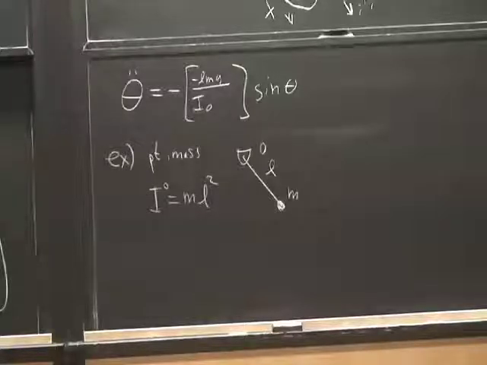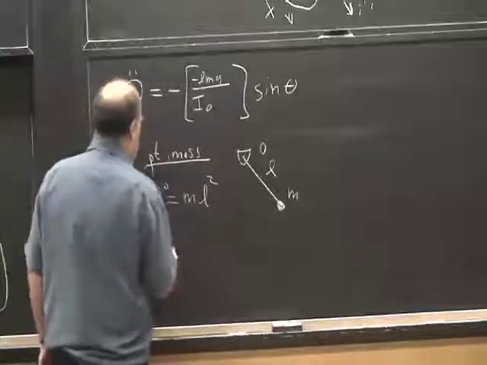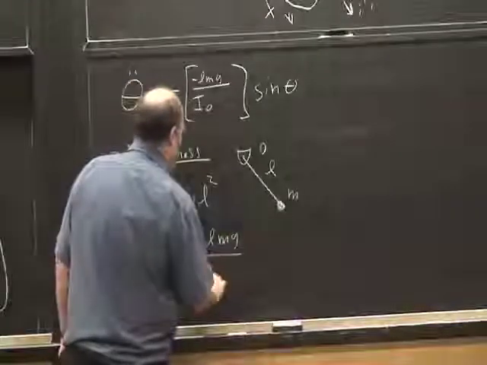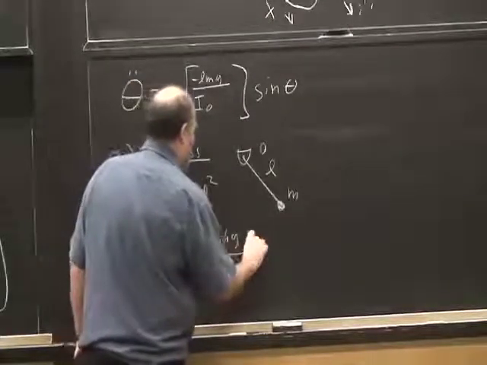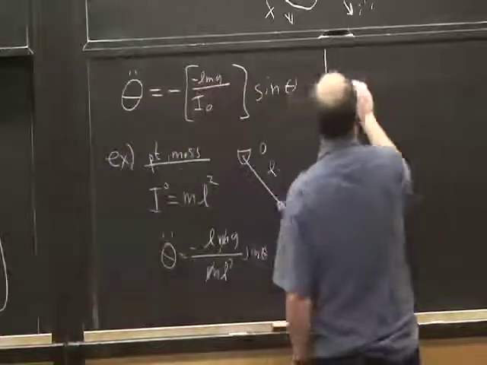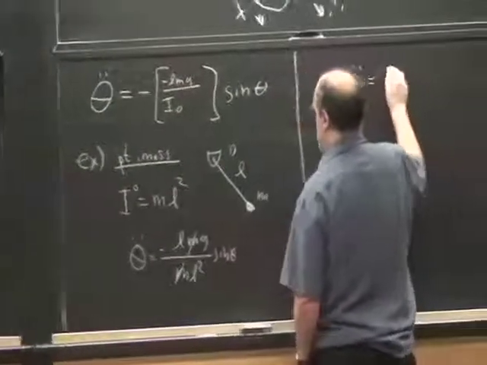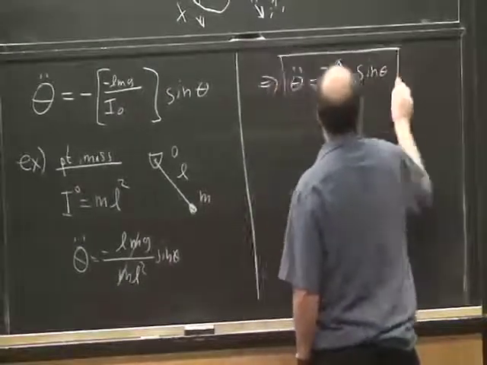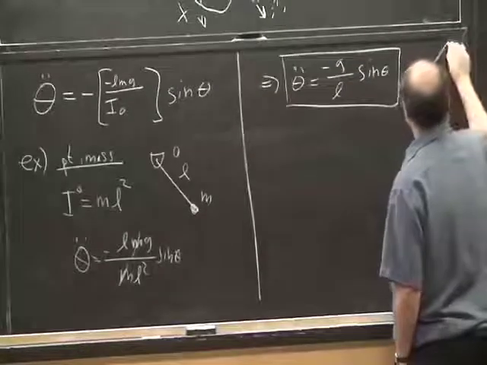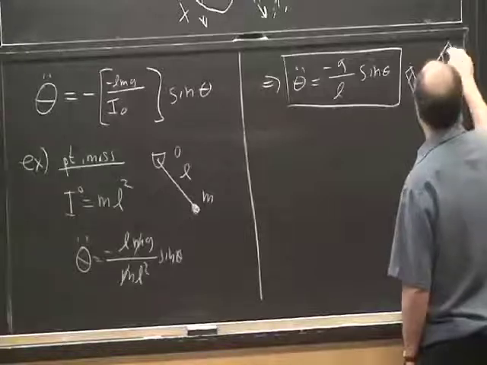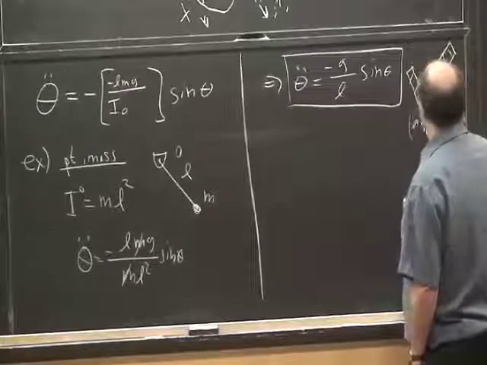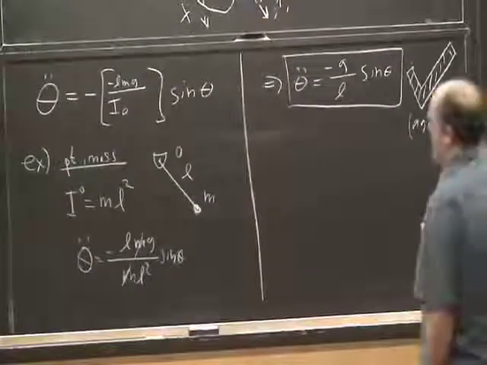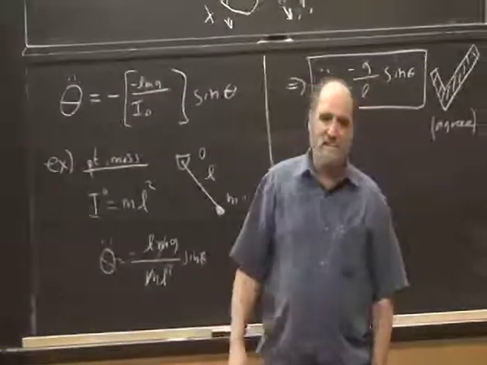So in that case, the pendulum equation turns into theta double dot equals minus L m g divided by m l squared times sine theta, which then gives us theta double dot equals minus g over L sine theta, as we had before. It agrees with what we had derived 5 different ways. But in general, this is not what we get. In general, we get a more complicated expression.